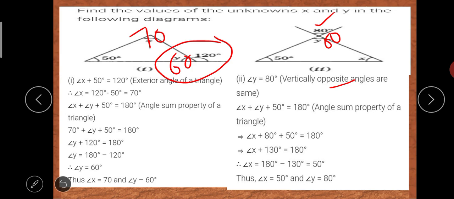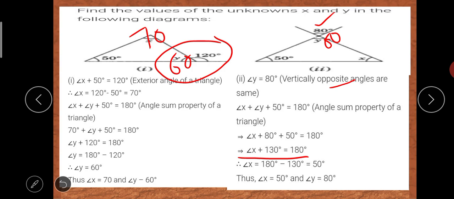So again we use the same property, that is the angle sum property of a triangle. In that, x plus 80 plus 50 equals 180. So 80 plus 50 will be 130. So x plus 130 equals 180. So the value of x we find by subtracting from the total, that is 180 minus 130.